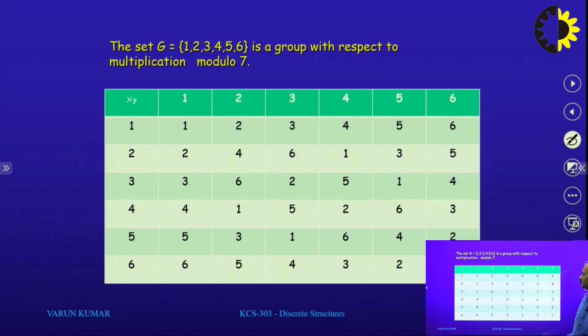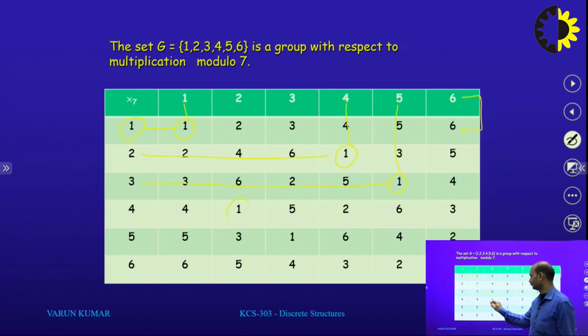Is there any identity element? Yes, here the identity element is 1. What is the inverse? We check that the identity element 1's inverse is 1. What is the 2 inverse? 2 inverse is 4. And what about the 3 inverse? 3 inverse is 5.